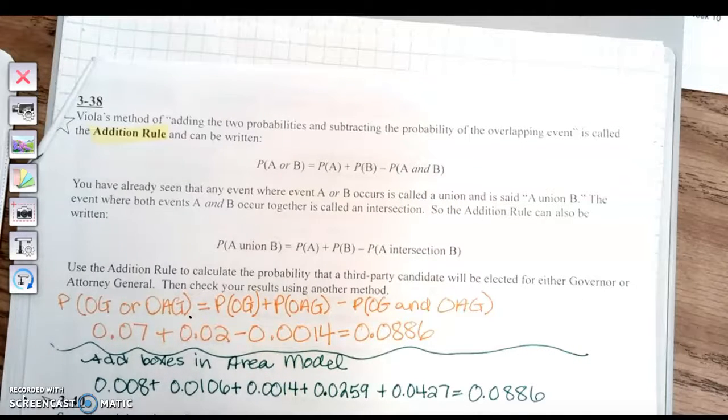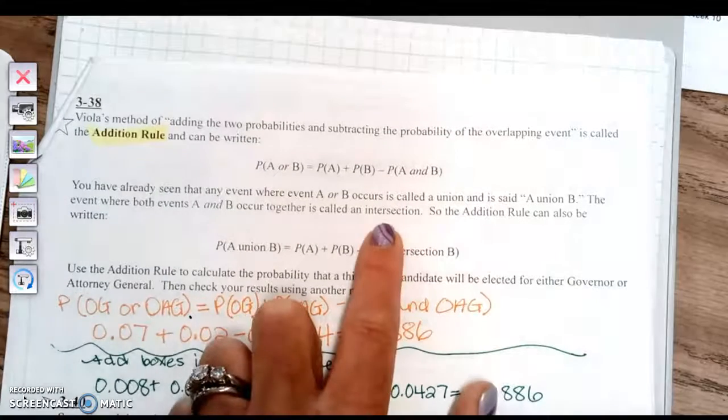You have already seen that any event where event A or B occurs is called a union and is said A union B. The event where both events A and B occur together is called an intersection.